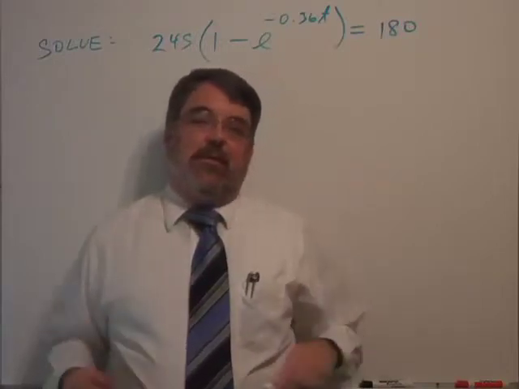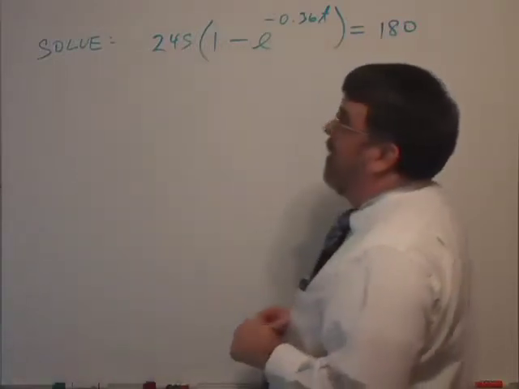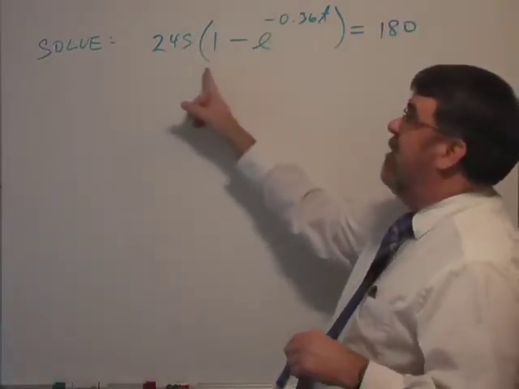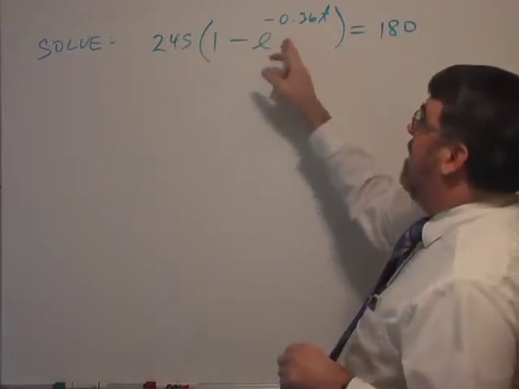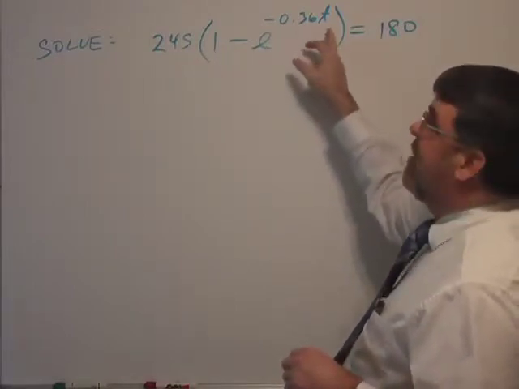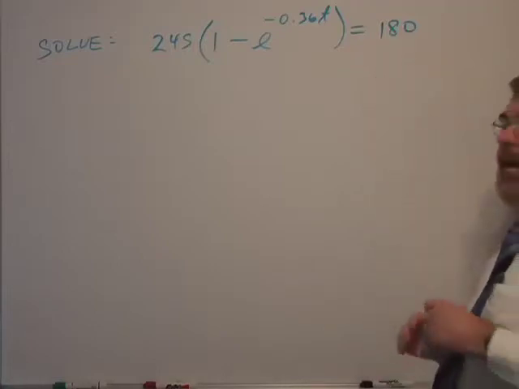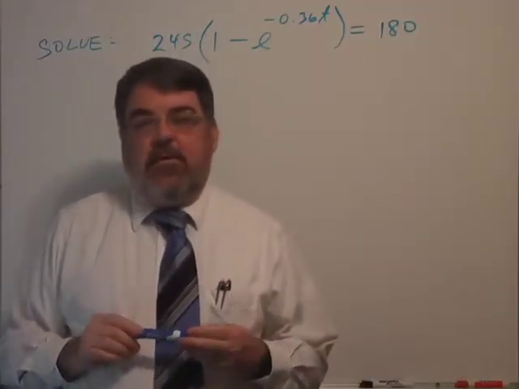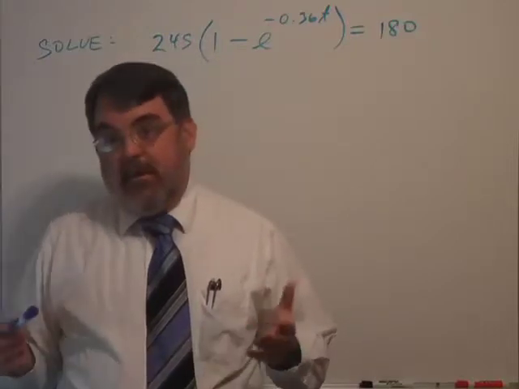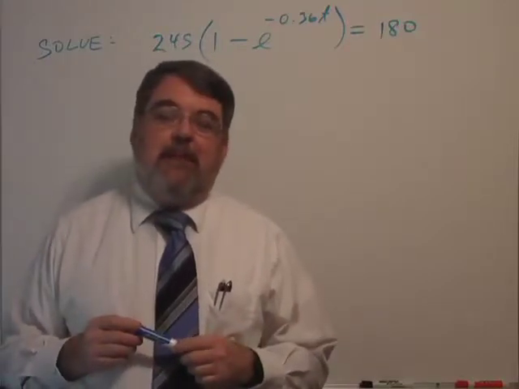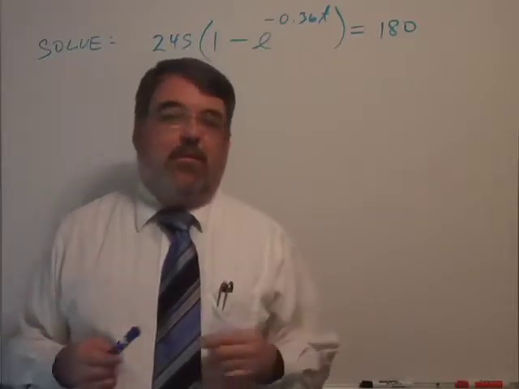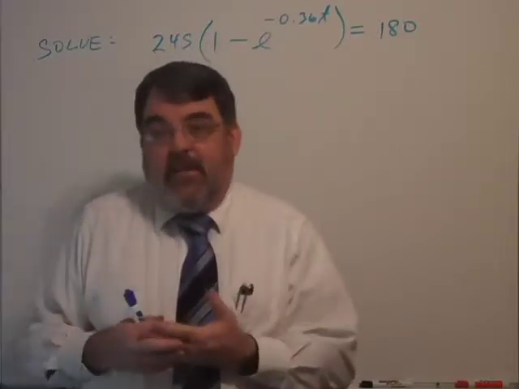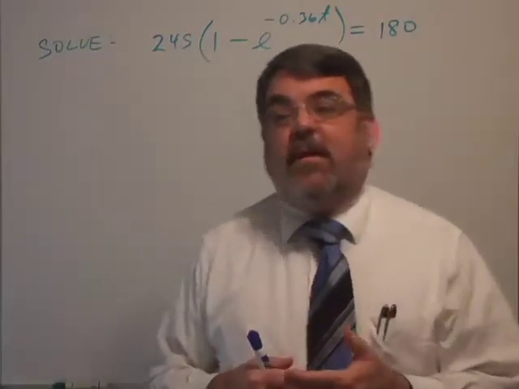Here's another exponential equation. Solve 245 times the quantity 1 minus e to the negative 0.36t equals 180. It turns out this kind of equation could be used as a learning curve for the spread of rumors or the effectiveness of an advertisement. How many people have seen an advertisement?